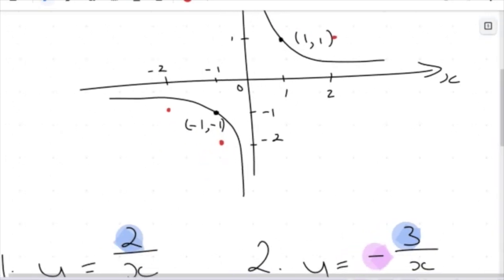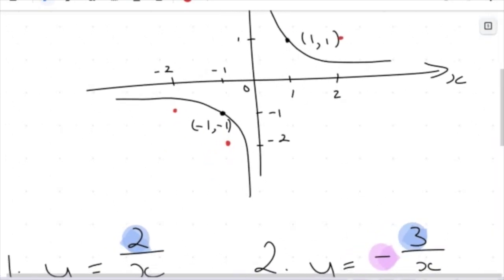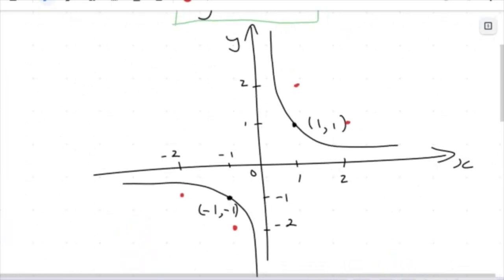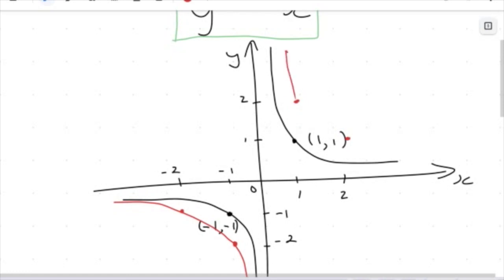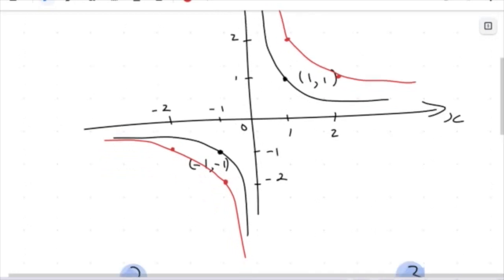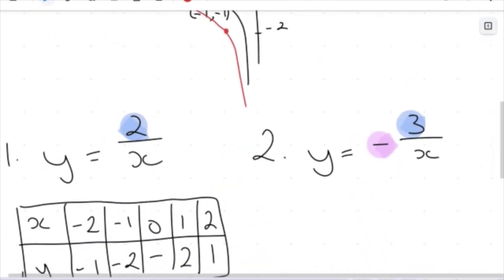And this is a hyperbola as well, so we're going to just connect these dots. Because it's still in this family of hyperbolas, it's going to resemble this a little bit, but you can see that it looks slightly different. It looks a little bit wider here. That's because all of the y values now get scaled by this 2 up here, 2 times.